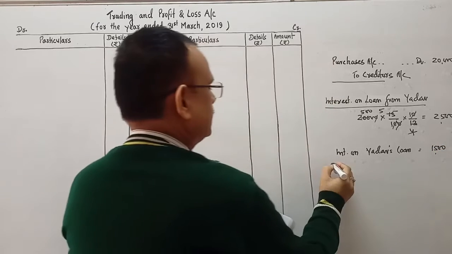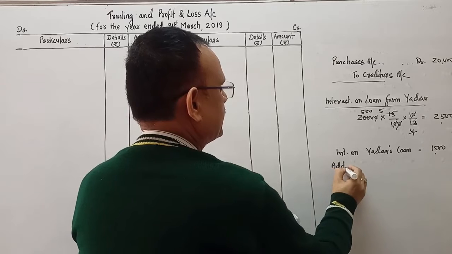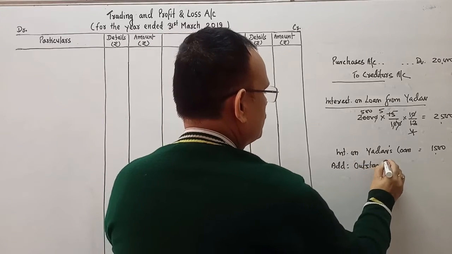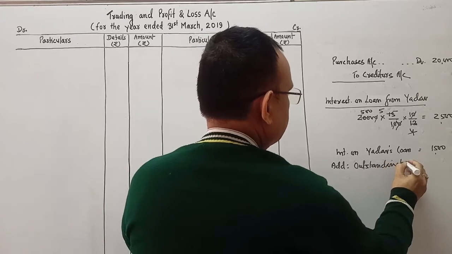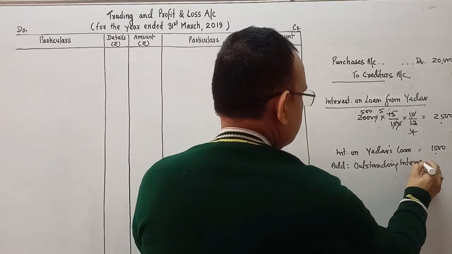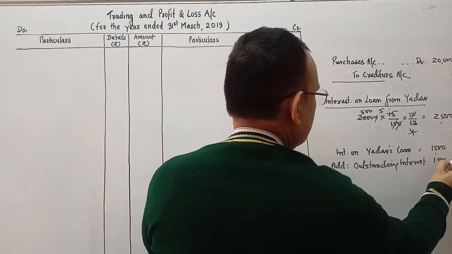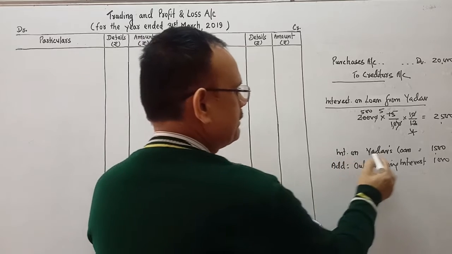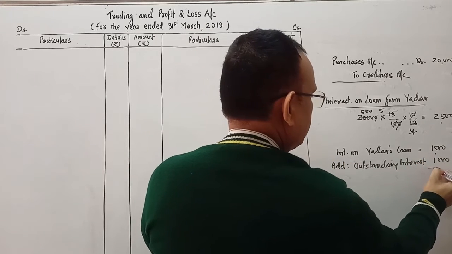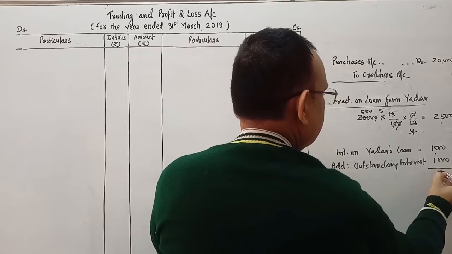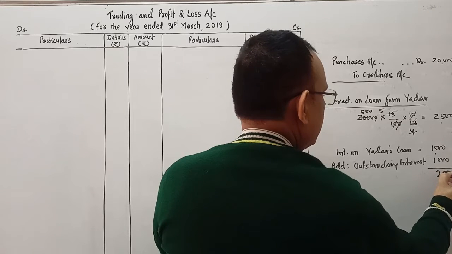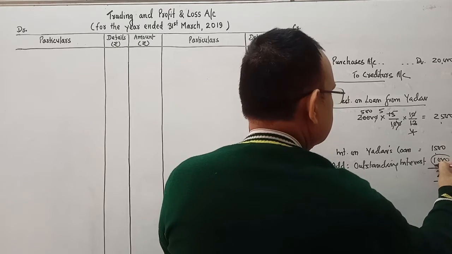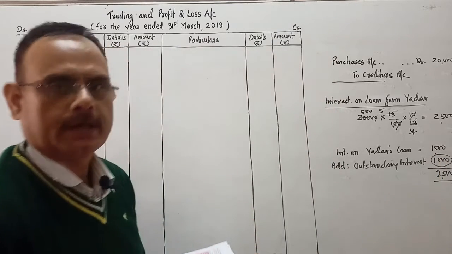It means the rest is outstanding interest. So the rest is how much? Rest is 1,000. Total interest should be 2,500 and in the trial balance 1,500 is given. So the rest which is not given, that interest is called outstanding interest. We have to calculate this one.